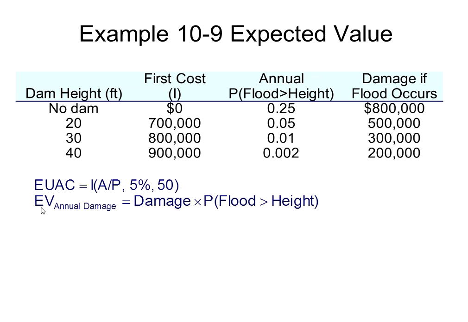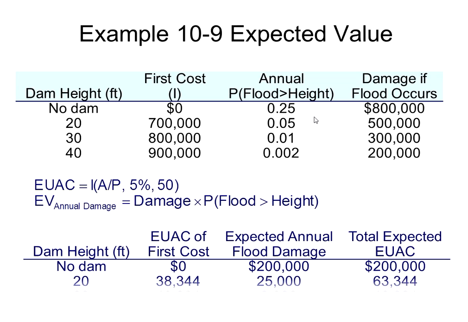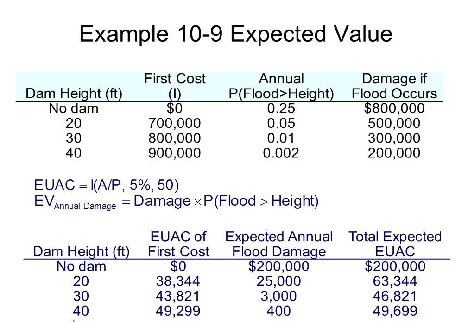So then we can find, as I said, the expected value of annual damage simply by multiplying the damage by the probability of the flood. And so this is what we're gonna get for different dam height. The equivalent uniform annual cost of this first cost here is simply 0 multiplied in this case by this A given P, so it's going to still be 0, and then 7,000 multiplied by A given P value is going to be this much, and so on.